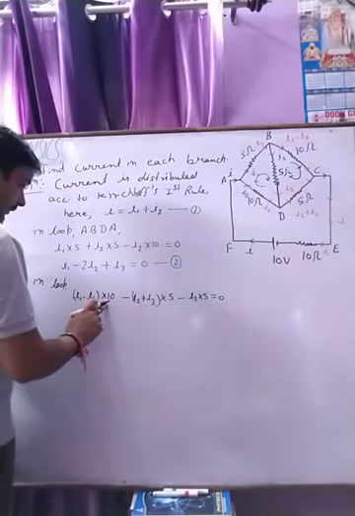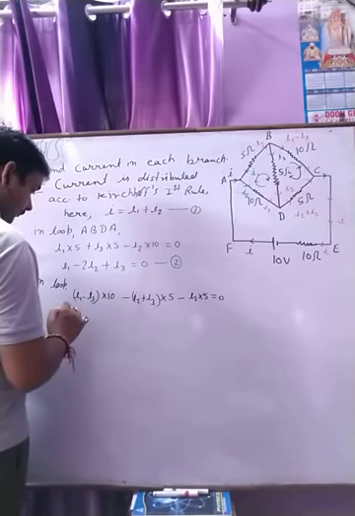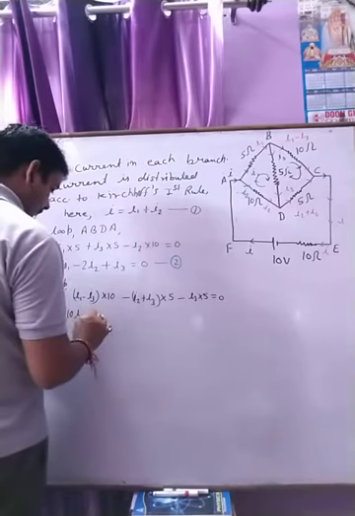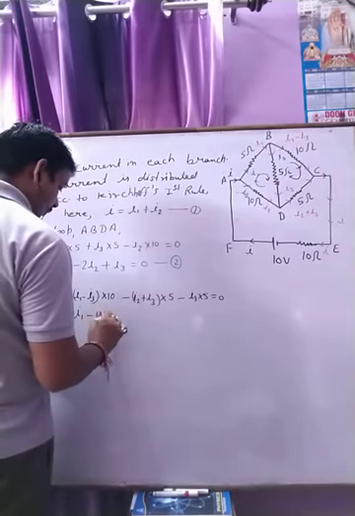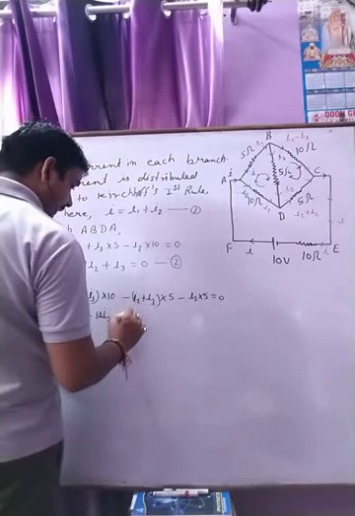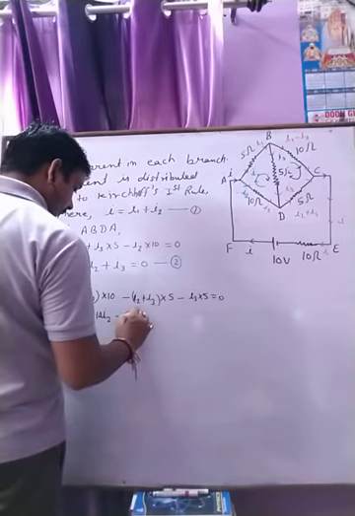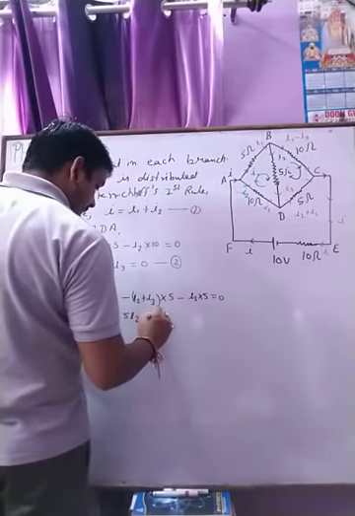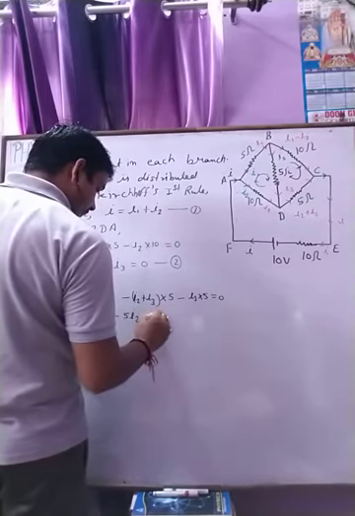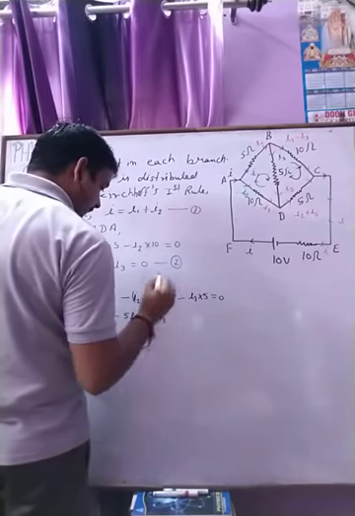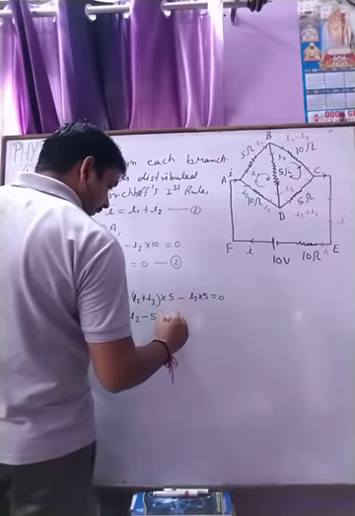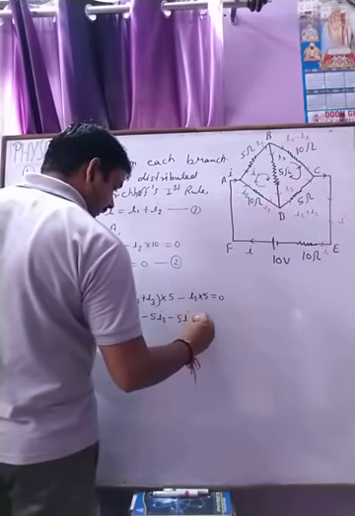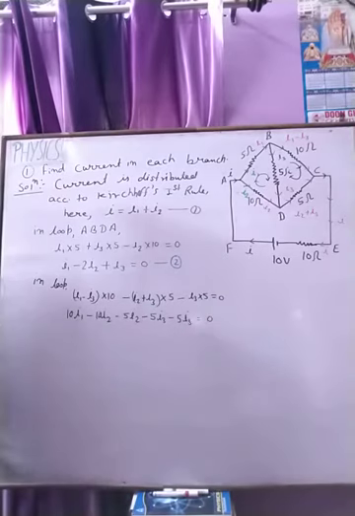On solving this, 10I1 minus 10I3 minus 5I2 minus 5I3 minus 5I3 equal to 0.